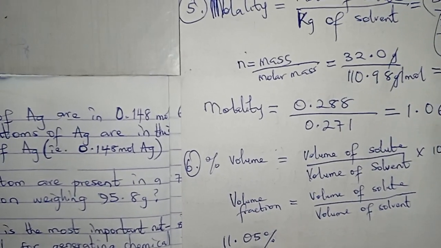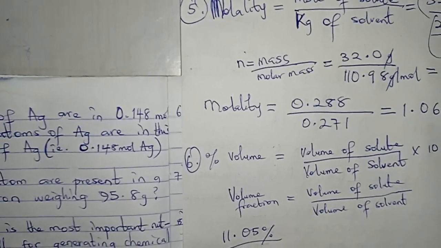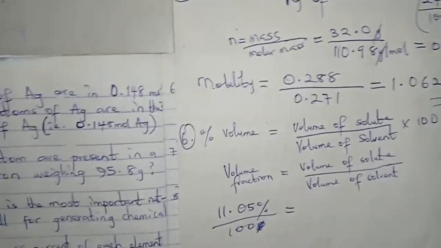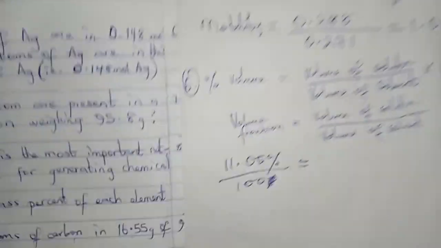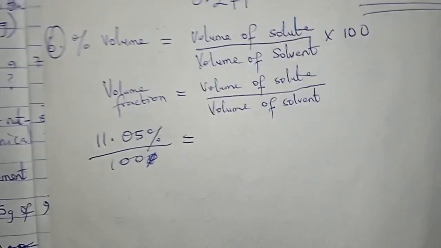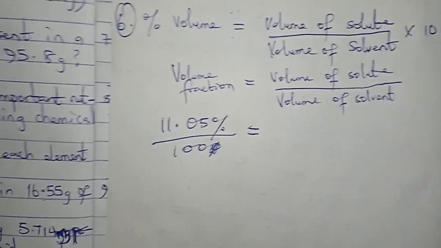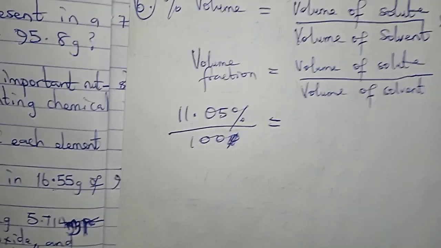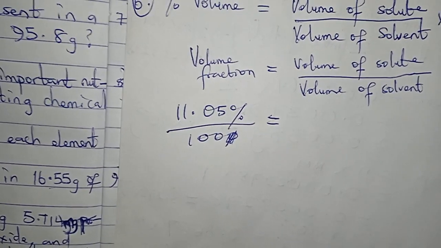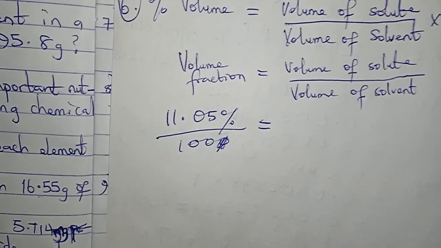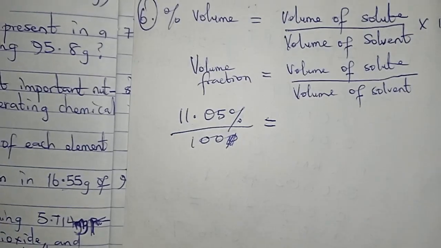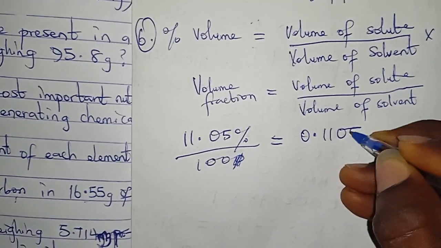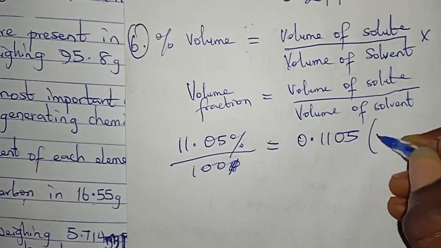If I have the volume percent, just divide it by 100. Since times 100 gives you volume percent, if you divide whatever percent of volume you already have by 100, you get the volume fraction. So 11.05 divided by 100 gives me 0.1105. So this is my volume fraction.